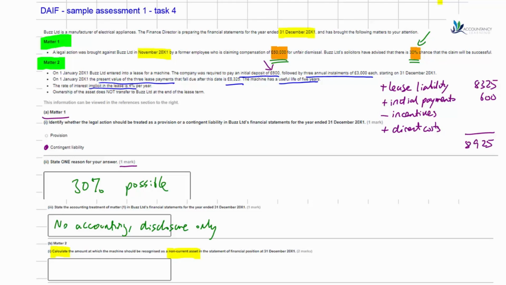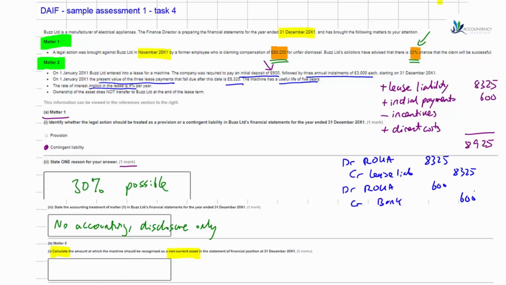8,925. Now it doesn't require the double entries for this, but let's clarify what those are to help us with our revision. So we're going to debit the right of use asset with 8,325 and credit the lease liability with 8,325, and then we're also going to debit the right of use asset with 600, and we would credit bank with 600.